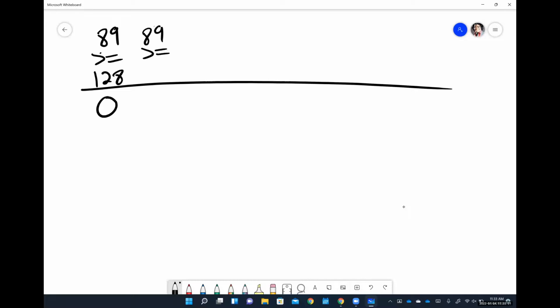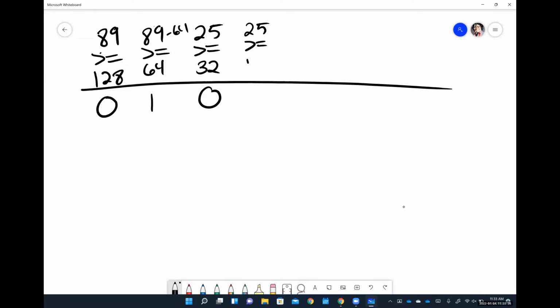Greater than or equal to 64? Yep. So bring down a 1, subtract 64. That is 25, I believe. Greater than or equal to 32? No. Pull 25 over.